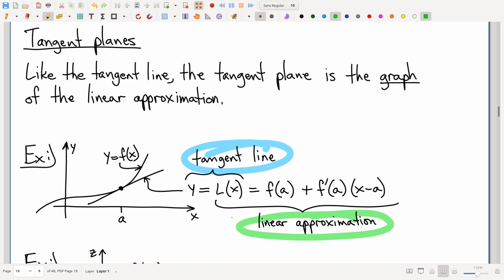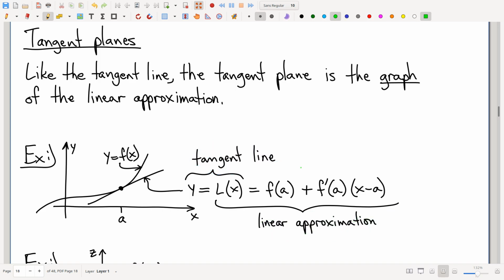But it's certainly not going to be the case here, and so we do have to be really, really clear about the distinction. So this thing right here, that's our linear approximation we've been talking about. That is a function. It is an algebraic thing, not to be conflated and confused with its graph.